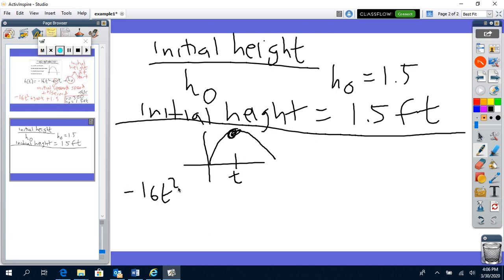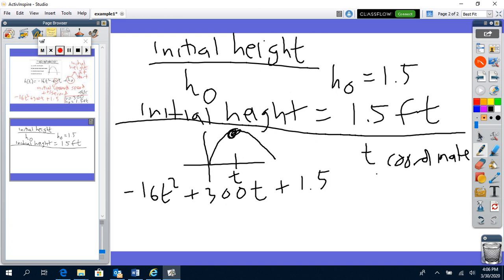Minus 16t squared plus 300t plus 1.5. Now, fairly obviously, we want to find the x coordinate of the vertex. That's the t coordinate of the vertex. And how do we do that? Well, all we have to do is find t, which is minus b divided by 2a.